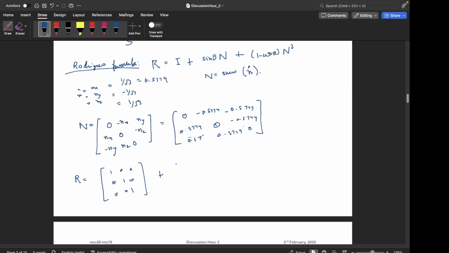Then sine theta, theta is 120 degrees, so sine theta is root 3 by 2, right?